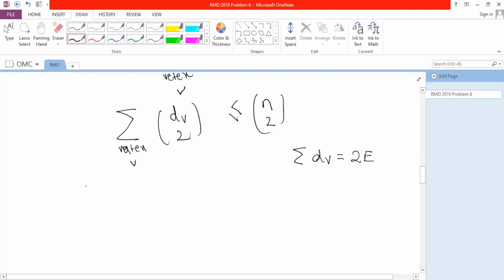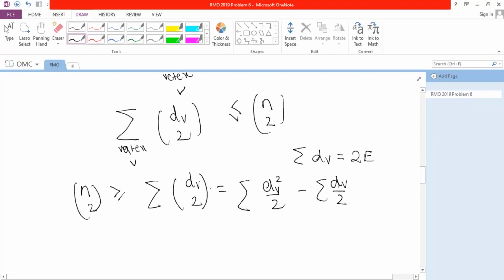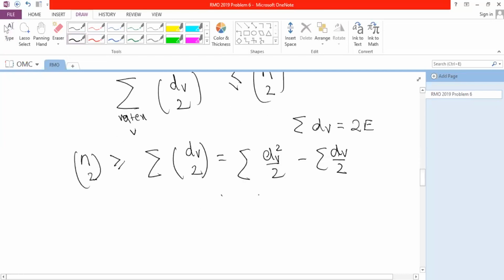So let us try to rewrite this inequality into something better. n choose 2 is greater than or equal to the summation of dv choose 2, which is equal to the summation of dv squared by 2 minus the summation of dv by 2, where we use that dv choose 2 is dv times dv minus 1 divided by 2. Now this quantity is equal to half of the summation of dv squared minus e.